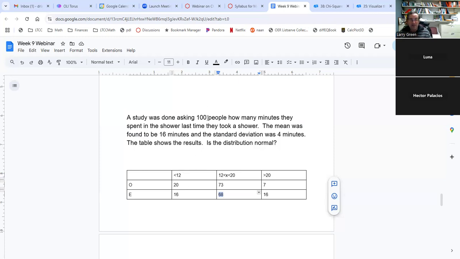So 16% of 100 is 16. So if it followed a normal distribution, then we should have 16 people below, and 16 people above one standard deviation. Any questions on this?